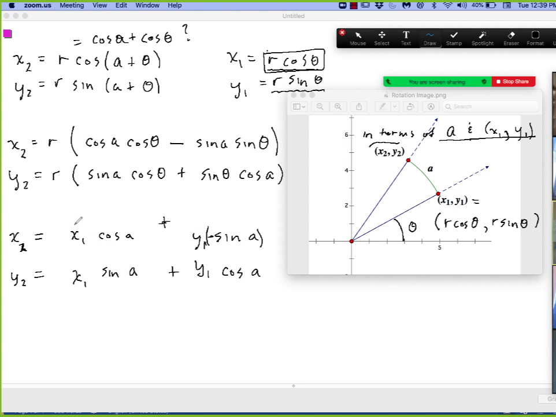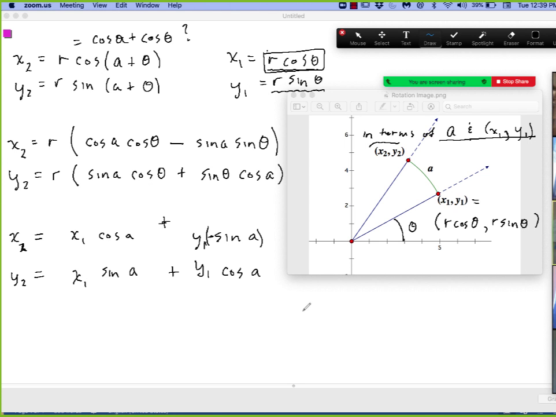But what is this operation? We have x1 and y1, and in the first one we get x1 times cosine A plus y1 times negative sine A, and then in the next one we have the same two, x1 and y1, but this time x1 times sine A plus y1 times cosine A. That's an algorithm for something from your algebra past.